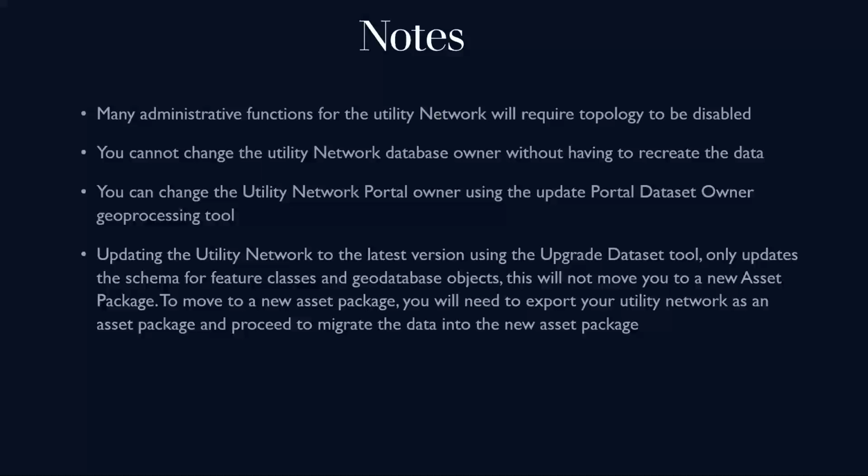I mentioned that because I didn't realize that when we deployed our utility network and we upgraded to 10.9.1 and there was a new asset package. I don't know why I thought that when I just ran that tool, I would have that new schema. And unfortunately, it is quite a process to migrate your data into that new asset package.